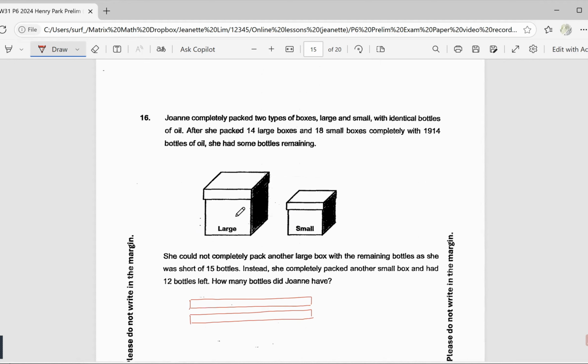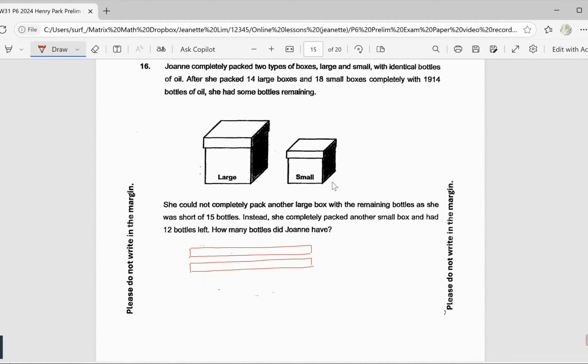But the thing is, there were 1914 bottles that have already been packed, right? So let's remove them first. So let's say 1914. These are packed into 14 large and 18 small.